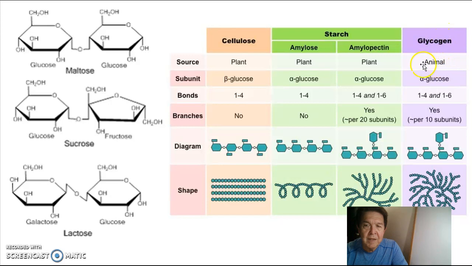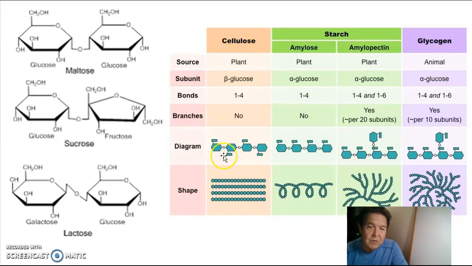Glycogen is in the animals, while the starches, amylose and amylopectin, and cellulose are in the plants. Cellulose is part of the structure of the plants, while amylose and amylopectin are a form of storage in plants, while glycogen is a form that we store glucose in our bodies.